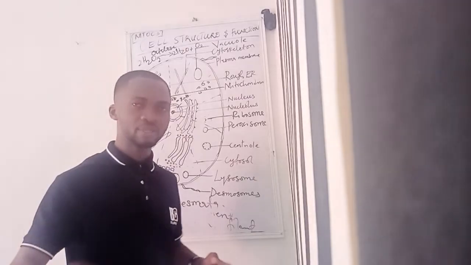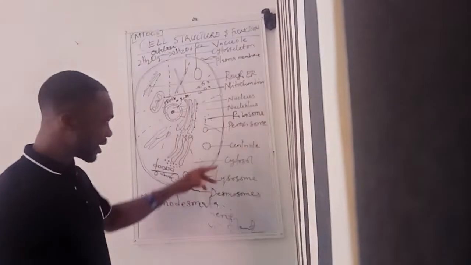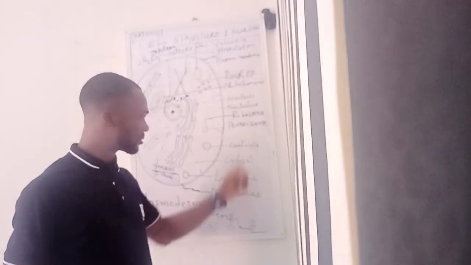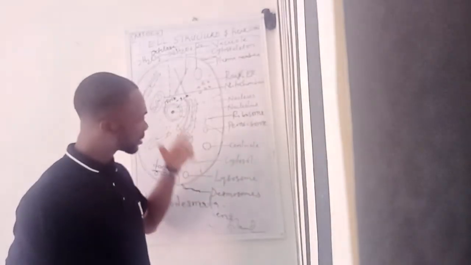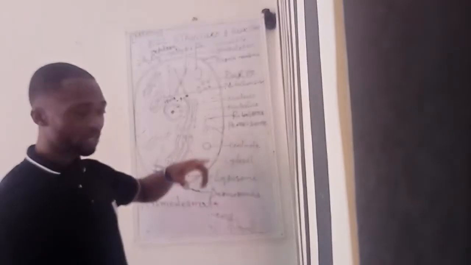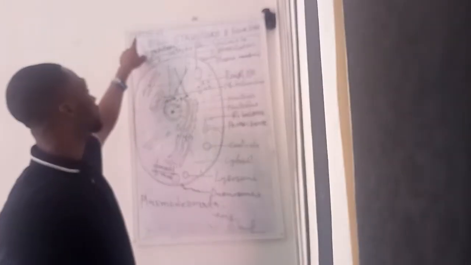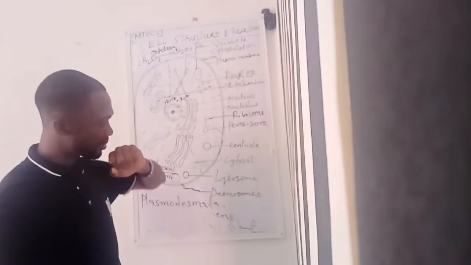But in an animal cell, it's called a desmosome. Another difference is that centrioles are absent in plant cells but present in animal cells. The structure I said that replaces the centriole in plant cells is the microtubule organizing centers.